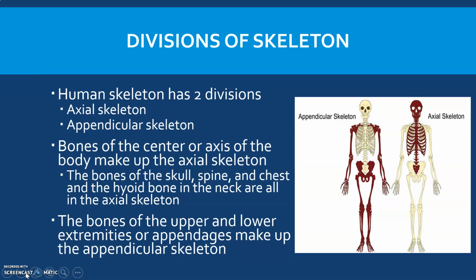It consists of 80 bones that include bones of the head, neck, chest, and back. The axial skeleton protects the brain, spinal cord, heart, and lungs. It also serves as the attachment site for muscles that move the head, neck, and back. The bones of the upper and lower extremities, or appendages, make up the appendicular skeleton.